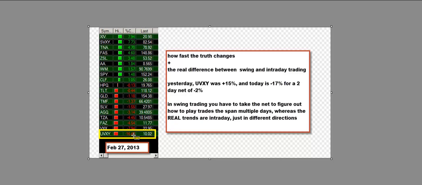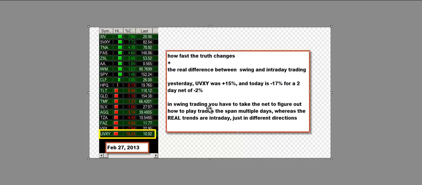The day before that, up another double-digit figure. And this is just how fast the truth can change with volatility trades. And it really illustrates the difference between swing and intraday trading. So the day before, UVXY was plus 15%. Today, it's minus 17%, and that's a two-day net of 2%.